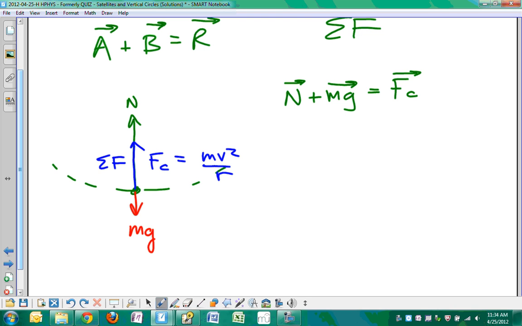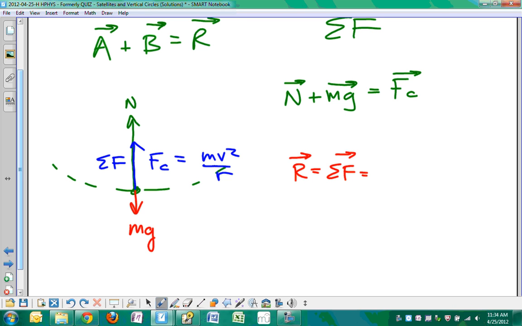Probably what most of you solved for was this green vector up here, the normal force vector, which has to exceed the centripetal force requirement by the amount mg in order to compensate for the downward force of gravity. So all you needed to do for this one, the resultant force, is the net force vector, okay?